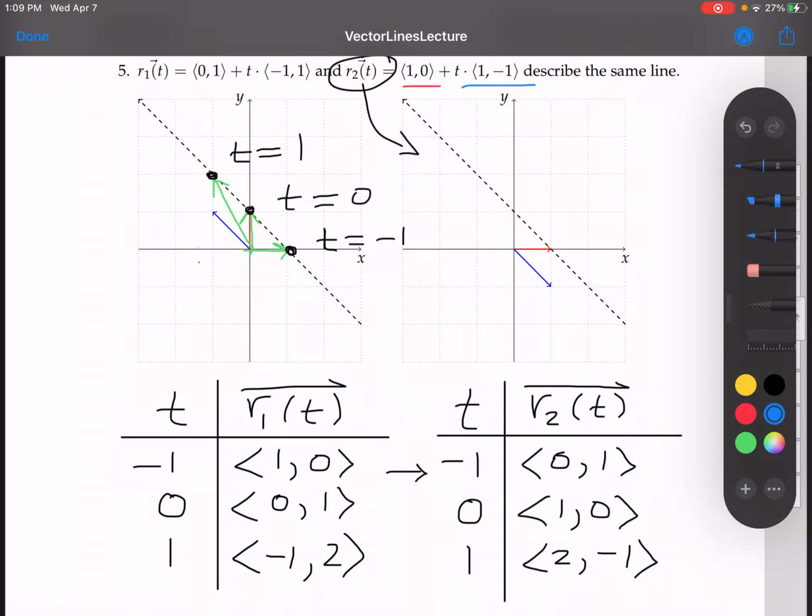For t equals negative 1, we draw our direction vector in the opposite direction, move it over. Now the vector sum points at that point there. So r2 of negative 1 is the vector 0, 1. We see that in the table there.